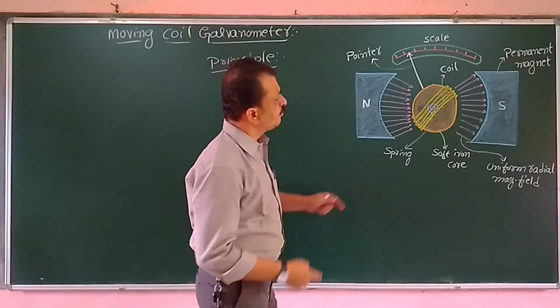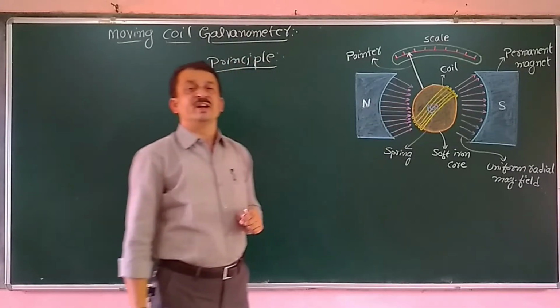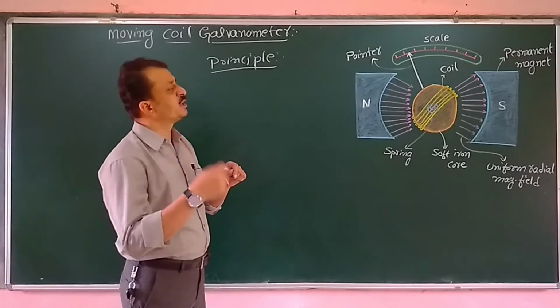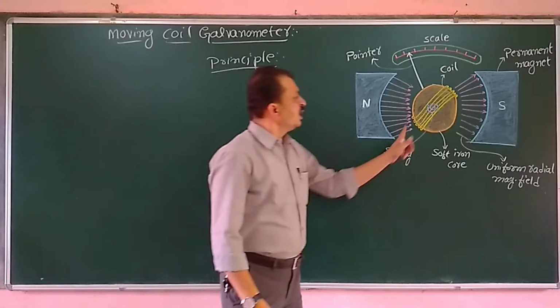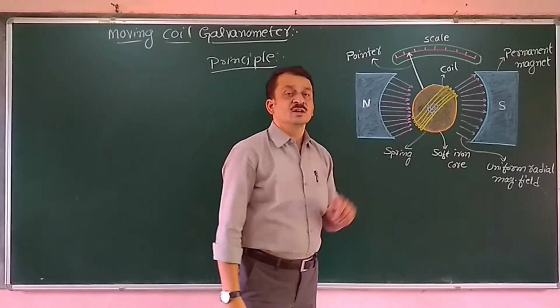Now what does this galvanometer consist of? Look here in the diagram. It consists of a coil having n number of turns. Inside the coil we are placing a soft iron core.